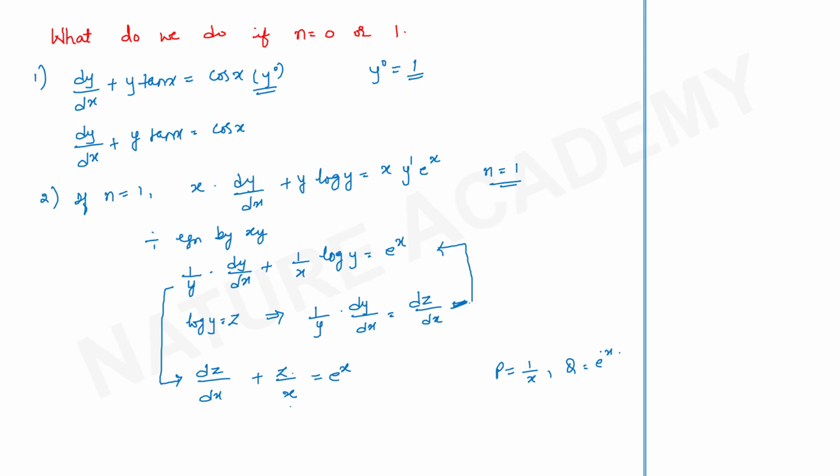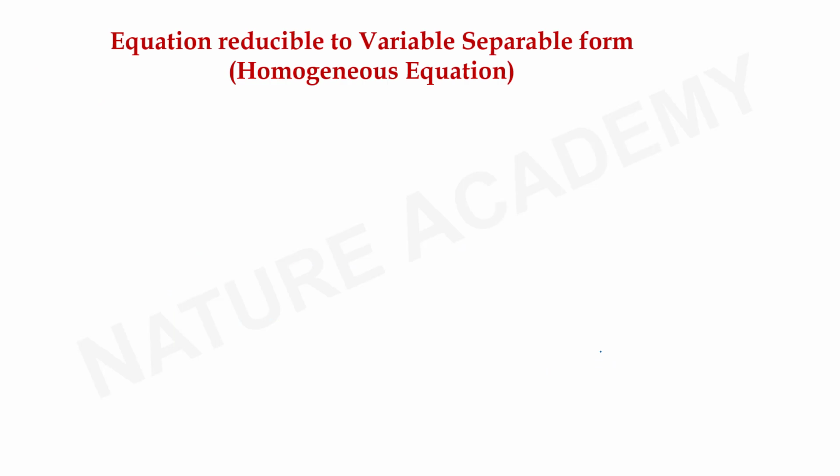Okay. Now, like the Bernoulli differential equation is reduced to a linear differential equation, another form called the homogeneous differential equation can be reduced to the variable separable form. And then the general solution can be found with the same working rule as the variable separable form.